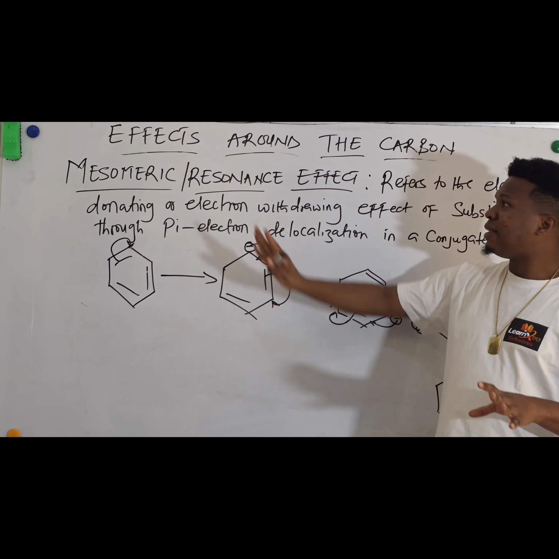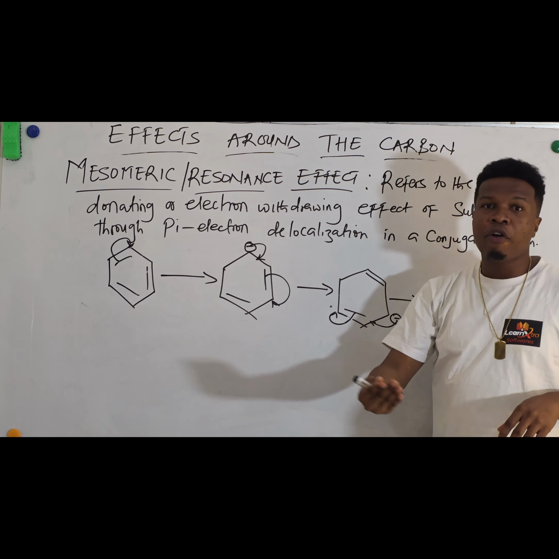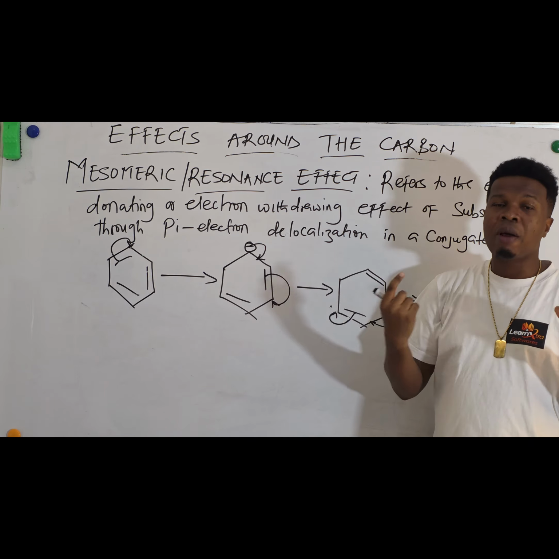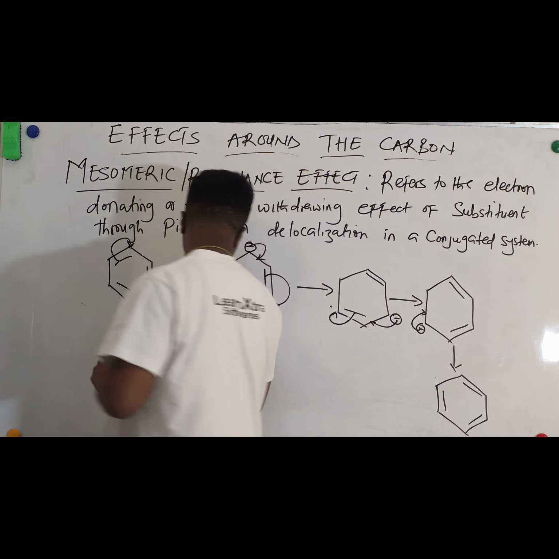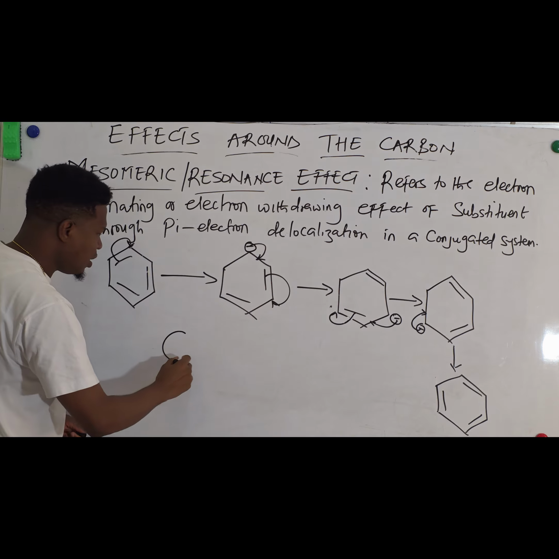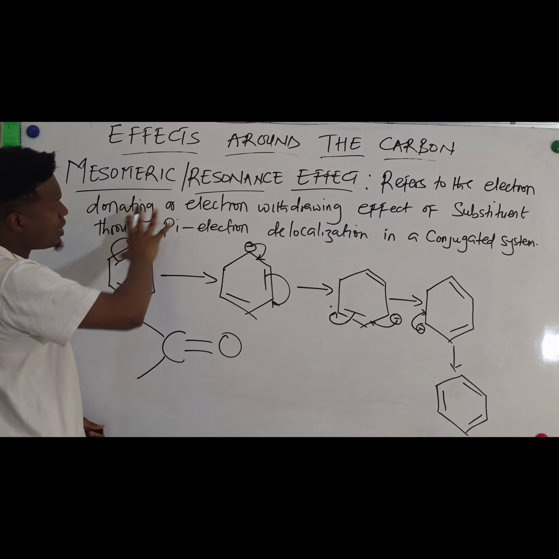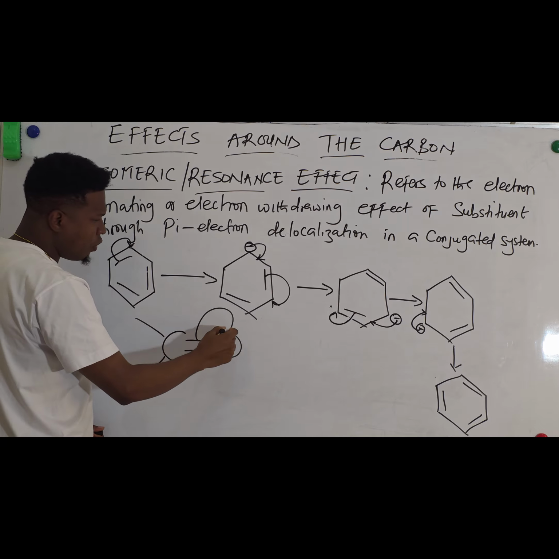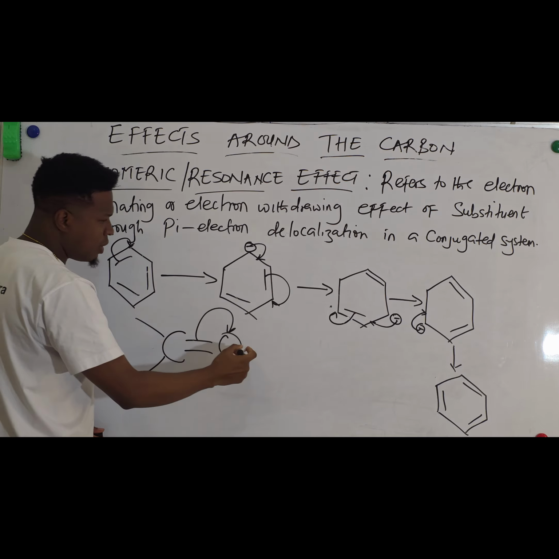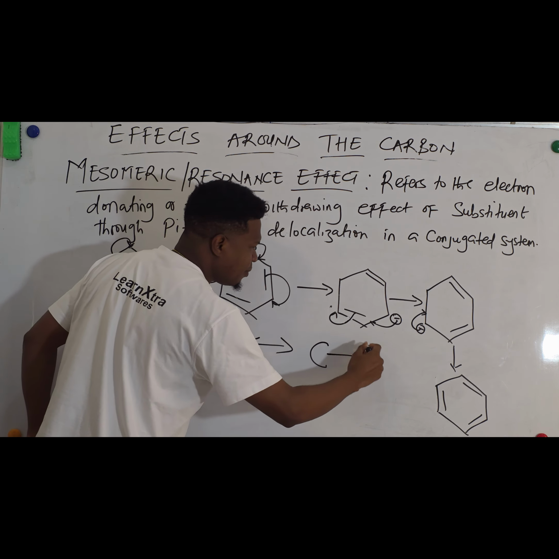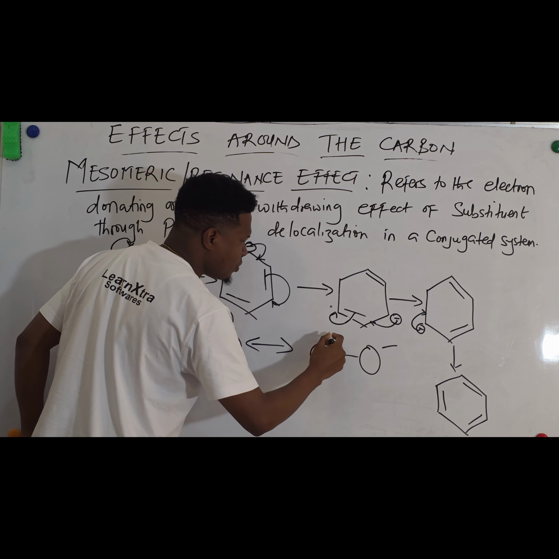Just know that this simply involves the movement of pi electrons, not sigma electrons. We can also do an example with this. If you have something like this, the resonance effect is simply the movement of this electron. This one moves to this place so that you can have something like this. Negative charge here becomes positive charge.